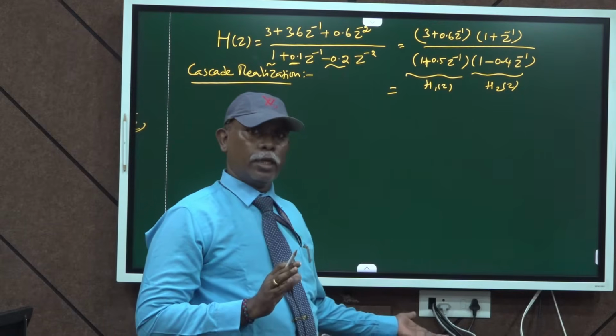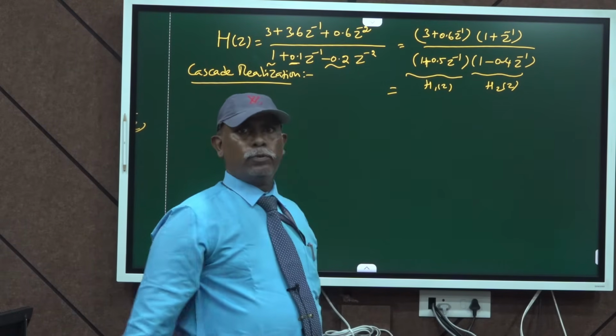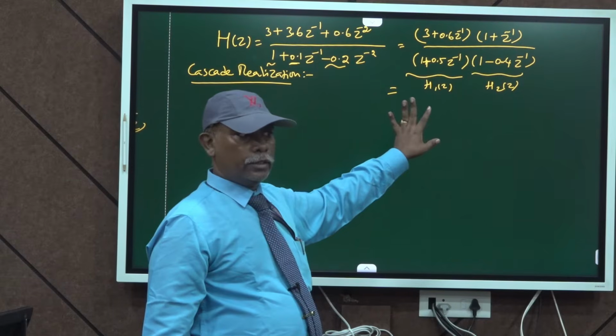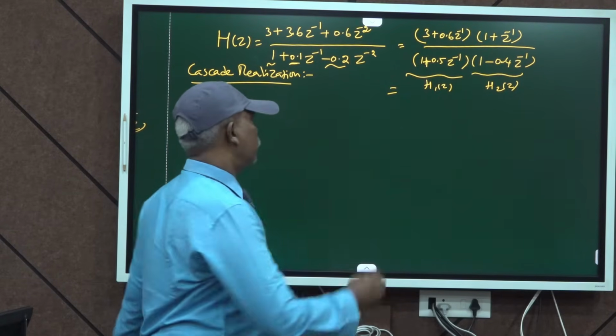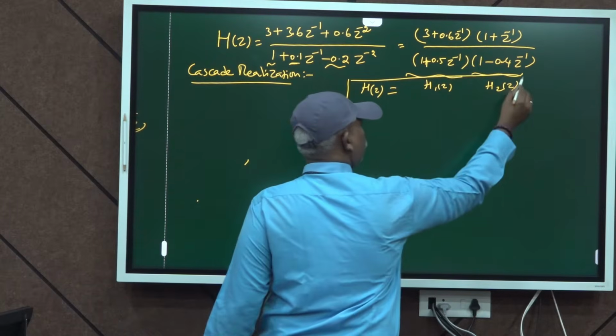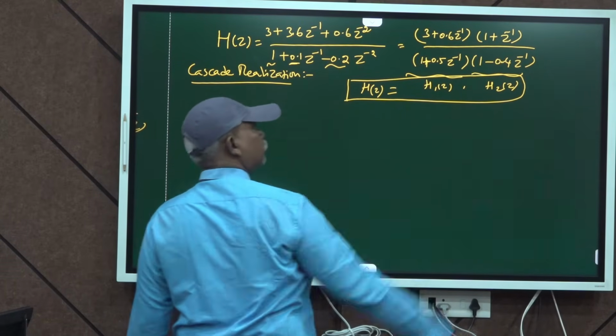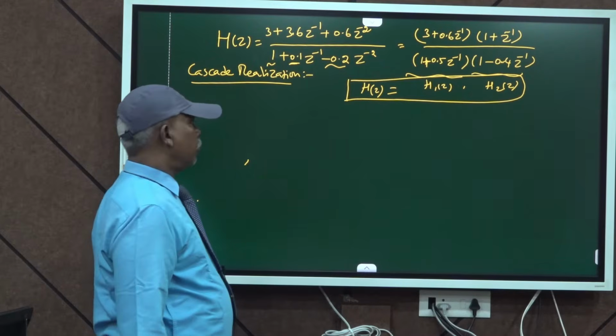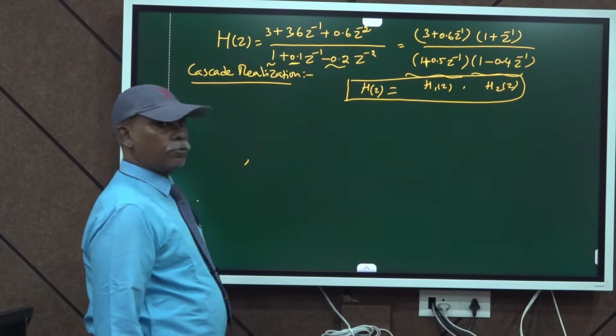Whatever we studied in direct form 2 can be used for your realization. The only thing is you have to factorize it into H1 of z and H2 of z. Your H of z is H1 of z into H2 of z. Once you get it, you can easily implement it in direct form 2.